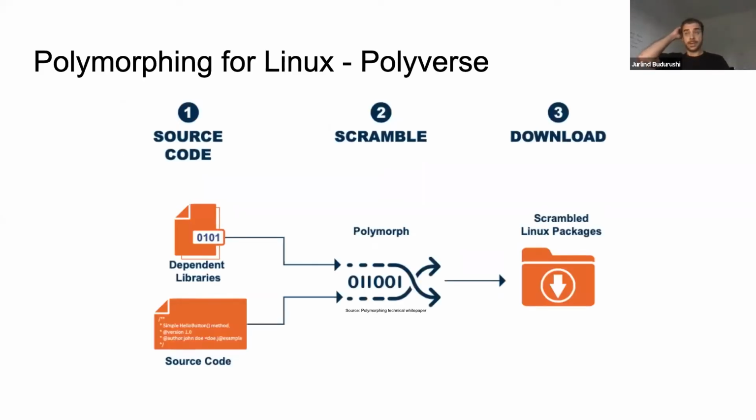So last time we got to know polymorphing for Linux and Polyverse as a tool for it. We discussed the general advantages of Polyverse with respect to different security control mechanisms, such as stack canary or address layout randomization, or shadow stack.